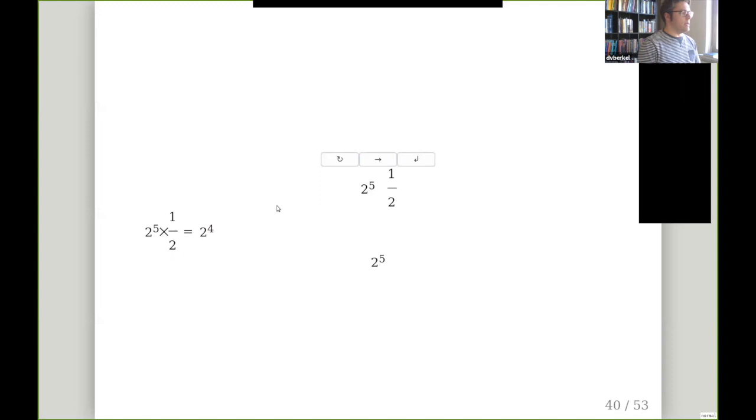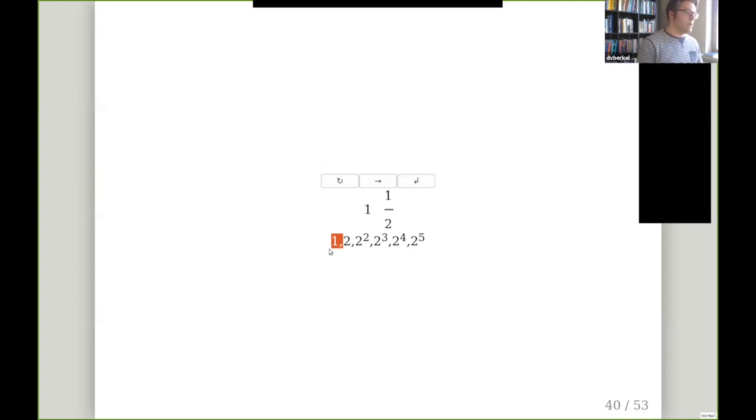So this is a prime number, and the next state will be 2 to the power of 4. And if you keep executing, stepping this machine, you will end up with the number 1, which we foresaw. And basically what you see here is that the state will decrease the number of 2's in its expression.